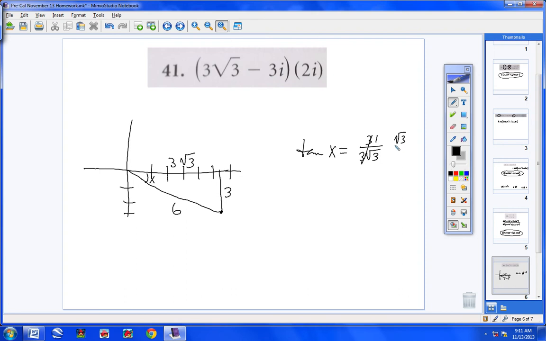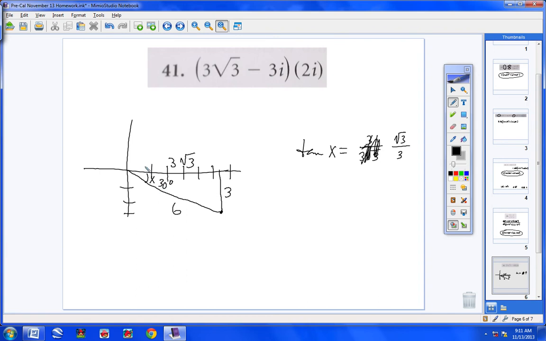And 1 over square root of 3 is the same thing as the square root of 3 over 3. And if you look at your table, I believe that's going to be 30 degrees. And yes, it is. So x here, when you take the tangent of 30, you get square root of 3 over 3. So this angle here is 30 degrees.